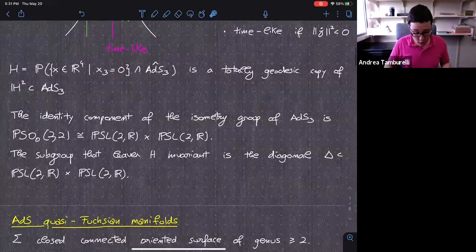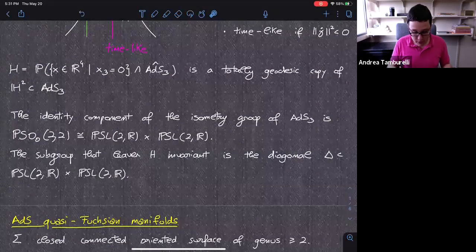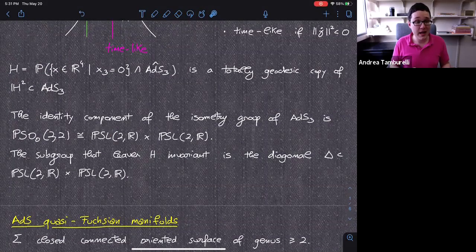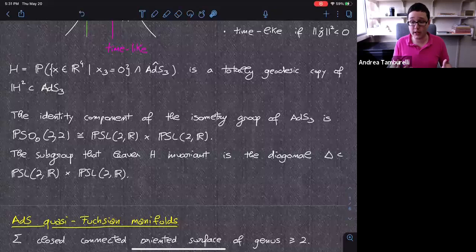So the isometry group of anti-de Sitter space is then identified with linear transformations that preserve the bilinear form of signature 2, 2, and we will be interested only in the identity component, which is PSO(2,2), and this happens to be isomorphic to PSL2R cross PSL2R. In fact, because of this exceptional isomorphism, anti-de Sitter geometry is very much related to hyperbolic geometry, in particular the hyperbolic geometry of surfaces.